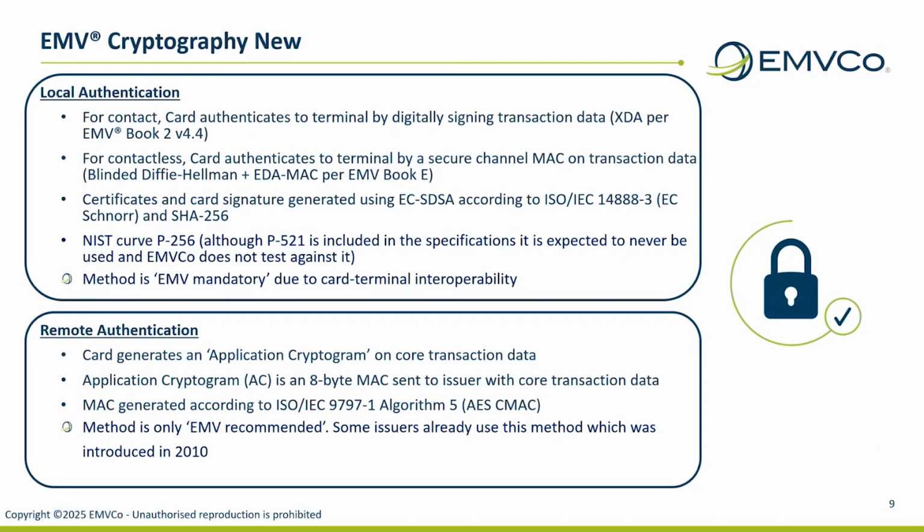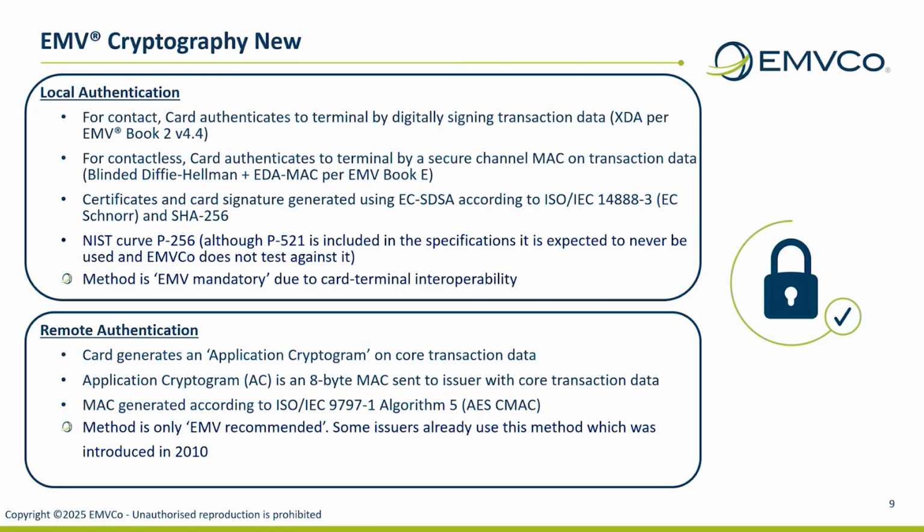The newer algorithms for local authentication use elliptic curve cryptography and the Schnorr variant of ECDSA for digital signatures, as defined in ISO IEC 14888-3 and using SHA-256 with NIST curve P256.